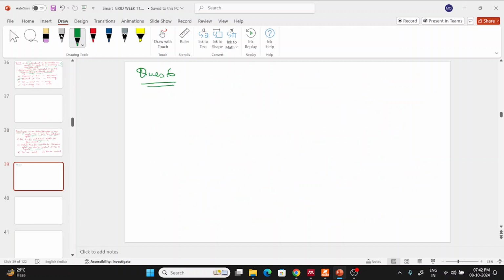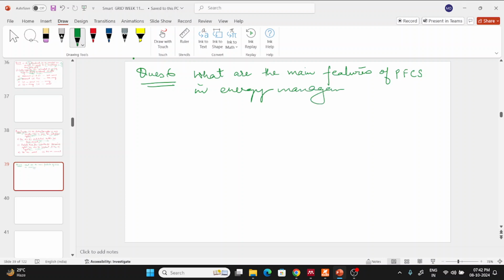Question number 6. What are the main features of power flow control strategy in energy management system?